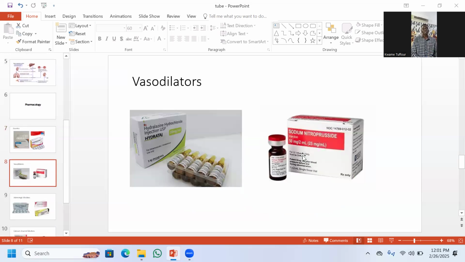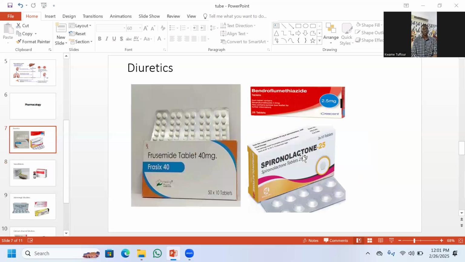Another class of drug that is used to manage hypertension is the vasodilators. But before I even move on, I wish you could write in the comment section which parameter discussed earlier the diuretic has influence on. So we have said that diuretics will make you lose more water from the body.